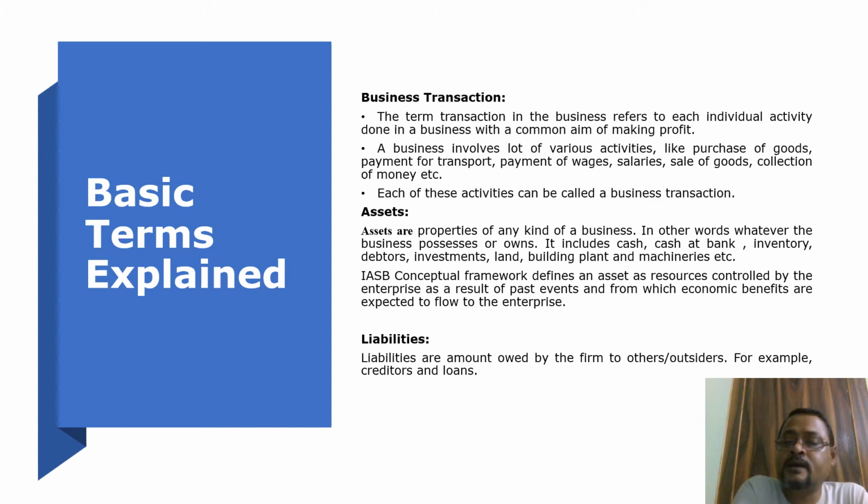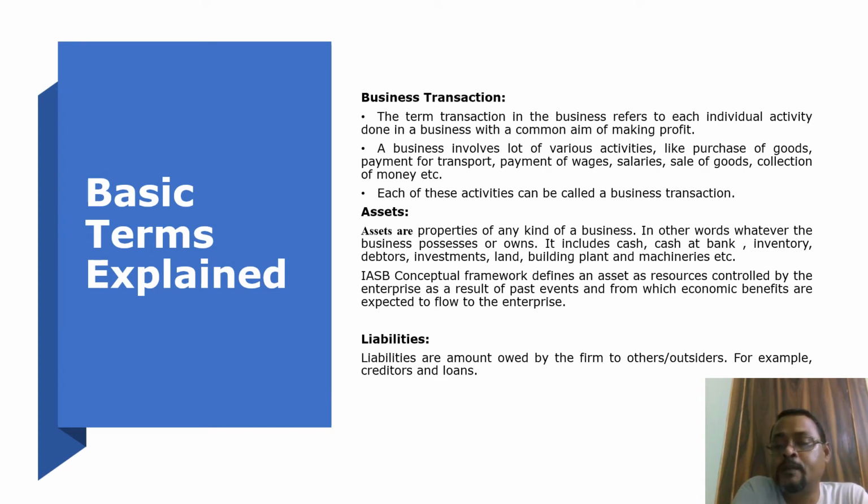Because the bank has given a loan to the company, for example, Reliance Industries, Reliance Industries will receive cash at the time the loan is given, but it has to repay the same amount along with the agreed interest in the future. So the loan creates a liability, the amount which is owed by the firm to the bank.